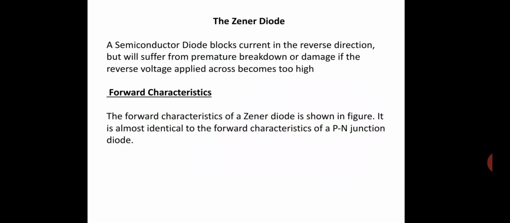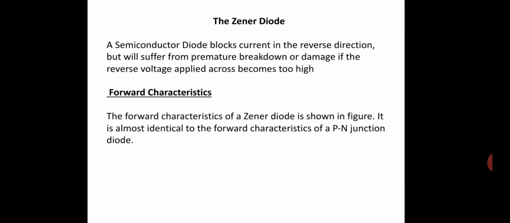So at first, the forward characteristics and reverse characteristics. In forward condition, when the P terminal is connected with the positive terminal of the battery and the N terminal is connected to the negative terminal of the DC battery, this connection is called forward condition.